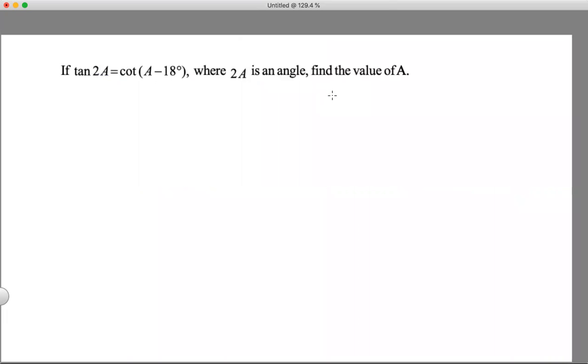Okay. If tan 2a is equal to cot a minus 18, where 2a is an, I think this is a misprint here, it would have meant acute. Okay, is an acute angle. Find the value of a.